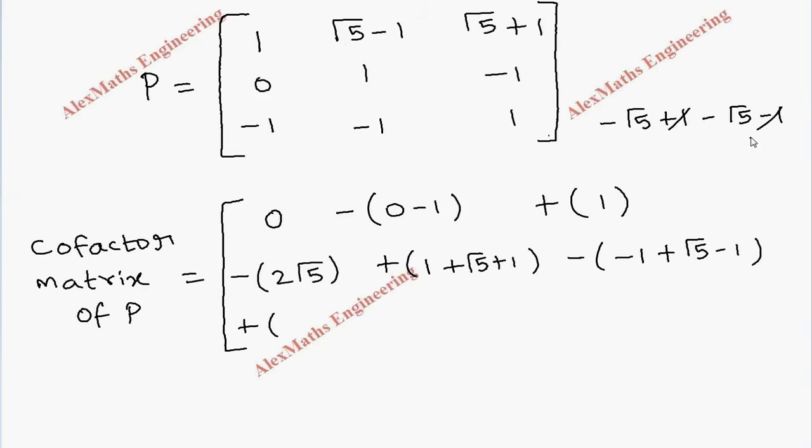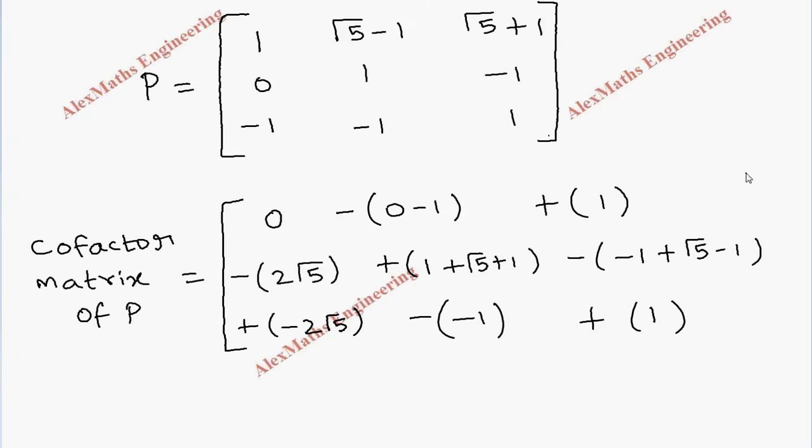So we can cancel these two, we get minus 2 root 5. Then coming to this element, we will take minus and minus 1 and 0. So totally, after the minus, let's open bracket, we have to put minus 1. Then coming to the last element, plus. So this is 1 and another part is 0. So we got the cofactor matrix.